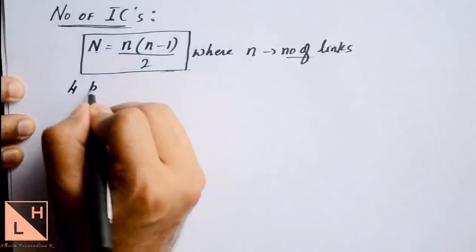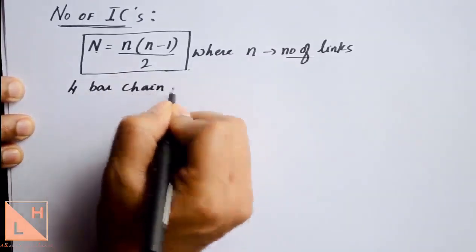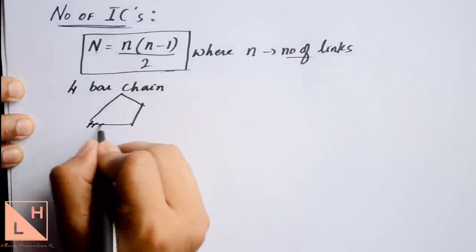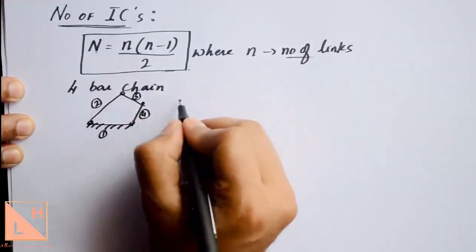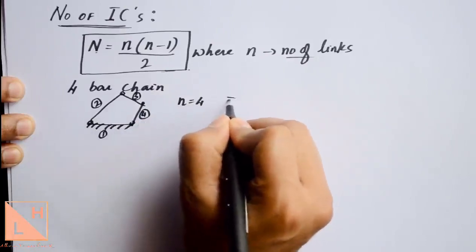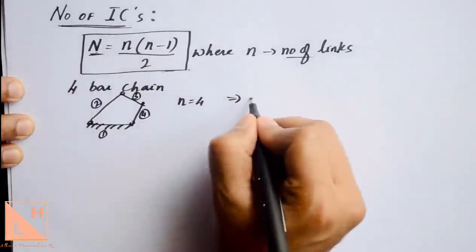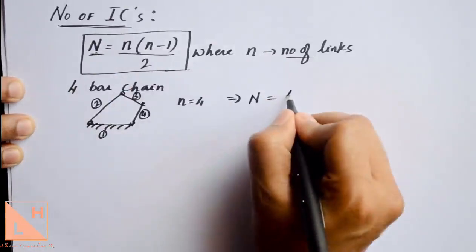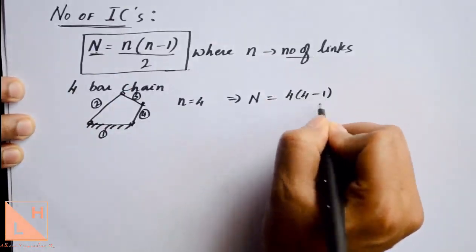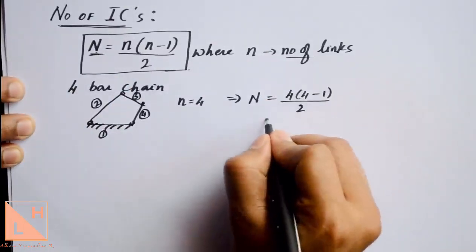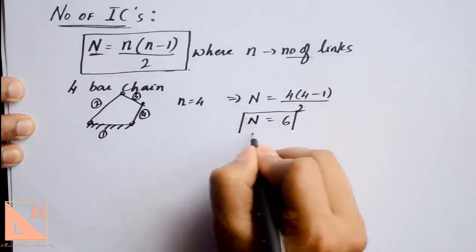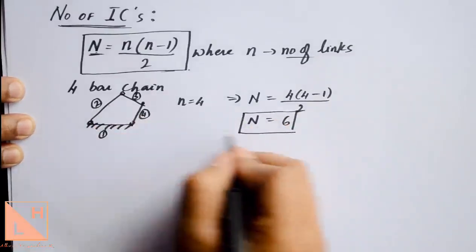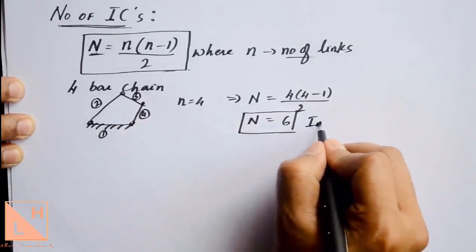Say if you have a 4-bar chain, the number of links will be equal to 4. So what will be the number of ICs? We can find it out by substituting in this formula. That is going to be 6. So for this 4-bar chain, you are going to find 6 instantaneous centers.